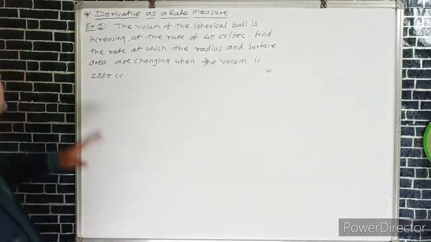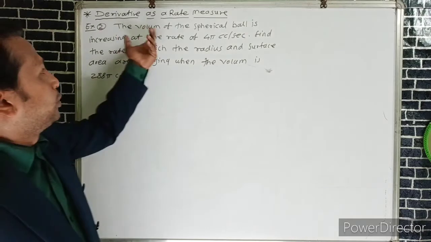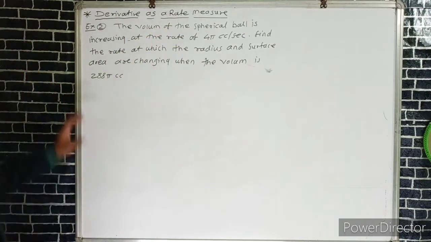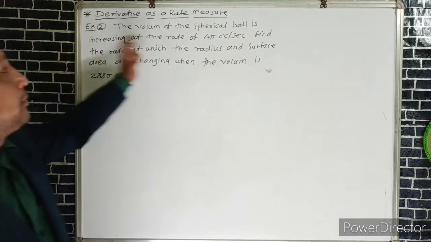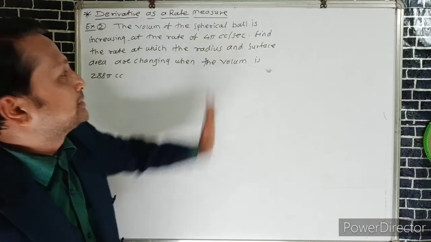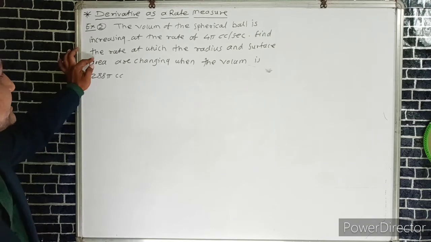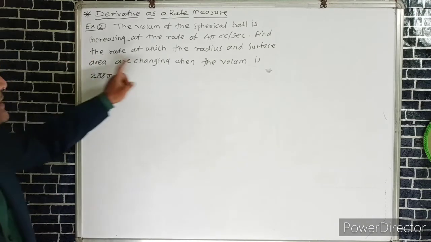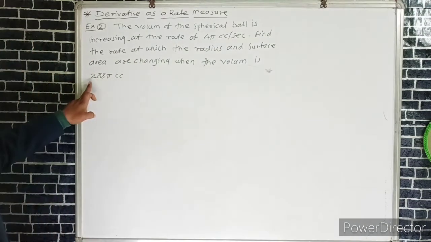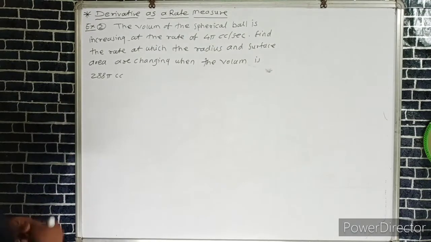Again, the next example, question number 2: the volume of a spherical ball is increasing at the rate of 4 pi cc per second. Find the rate at which the radius and surface area are changing when the volume is 288 pi.